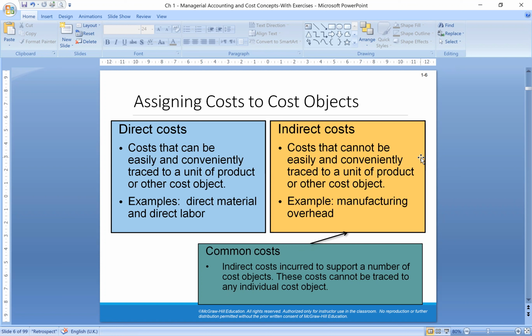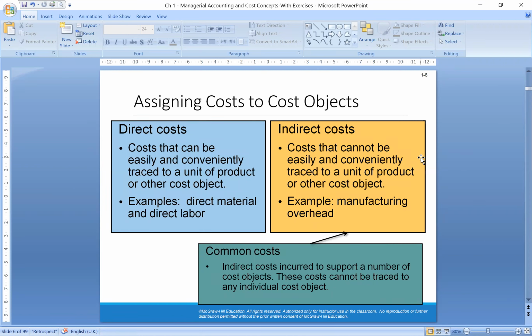Another example is electricity, which is utilities. Is electricity easily traced to that specific table or not? In this case, we call it manufacturing overhead or indirect costs.